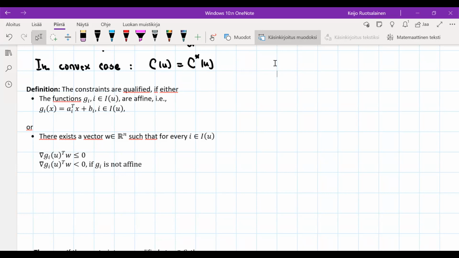So we have gi of x is a scalar product of a vector ai with x plus some constant.